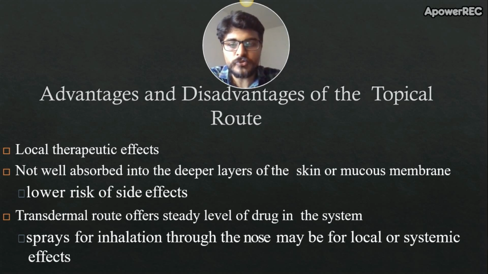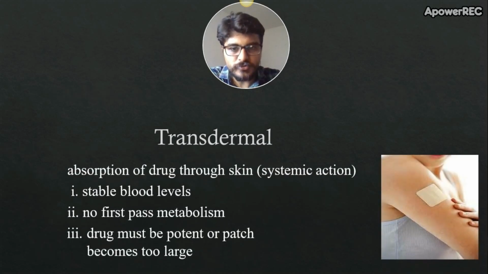The transdermal routes offer a steady level of drug in the system, and spray for inhalation through the nose may be for local or systemic effect. Whenever the spray is applied through the nose, ultimately the drug will directly reach the systemic circulation. That is why it is said to be for systemic circulation, right?